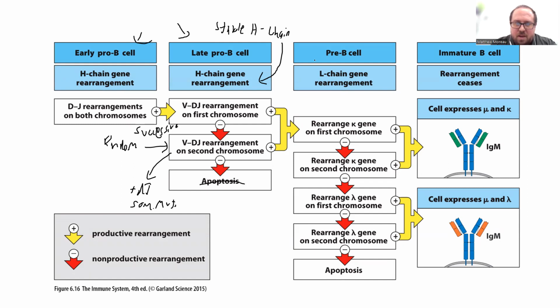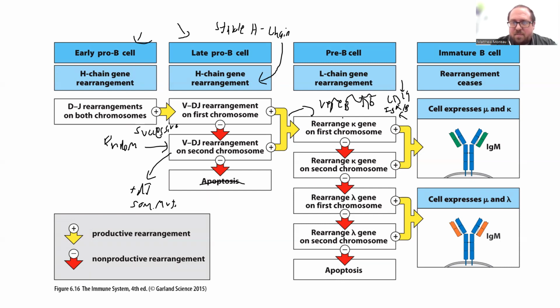And then again, if this works, we get the activation of V pre-B and lambda 5, as well as CD19 and immunoglobulin alpha and beta. So this is the co-stimulatory molecule, this is the co-receptor, and then this is the surrogate light chain, right?